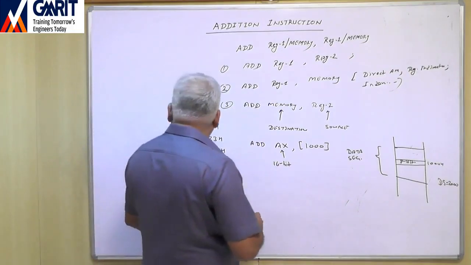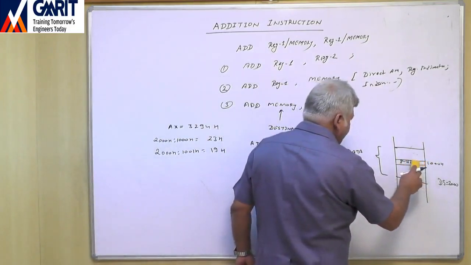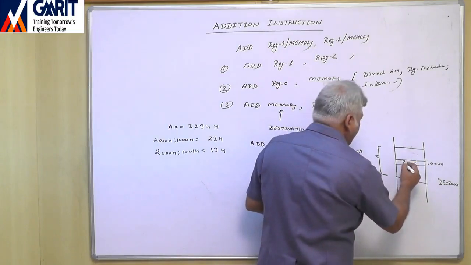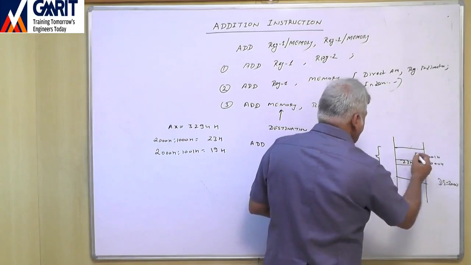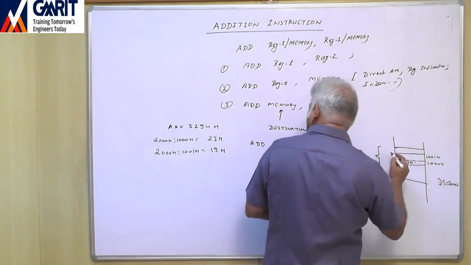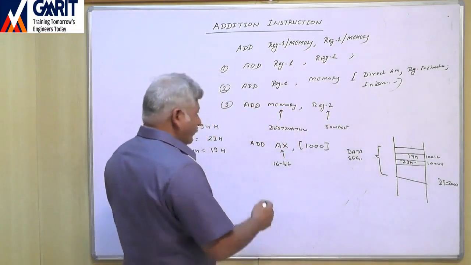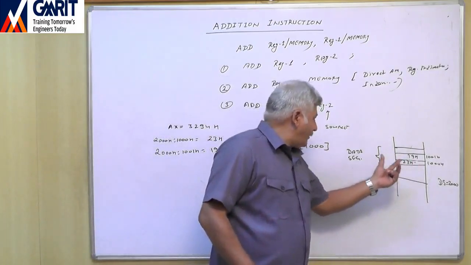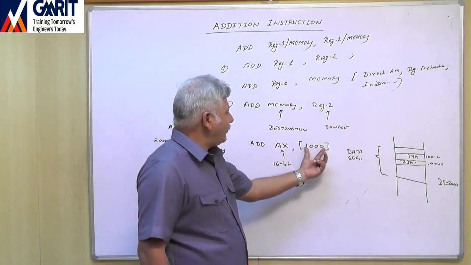So at 2000 colon 1000H, we are having the number 23H. At the next offset 1001H we are having another 8-bit number, 19H, right?